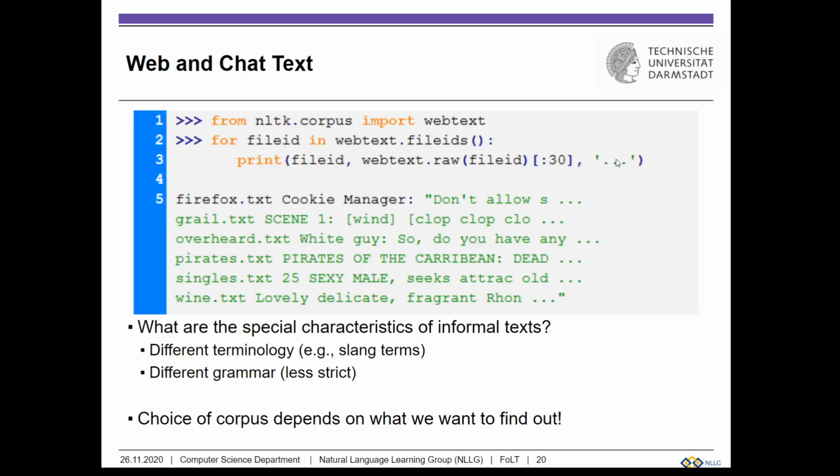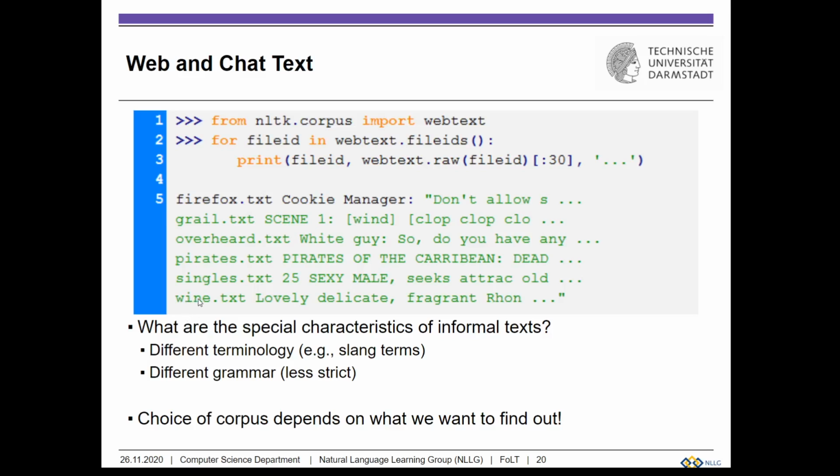And then we just type .... So we check how that looks. Of course, if we have this singles text here, this is maybe singles who go looking for other people on the web.